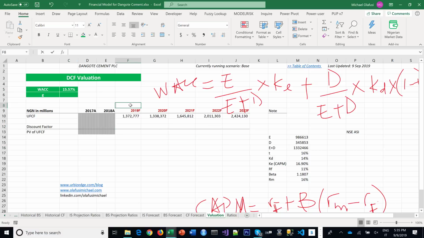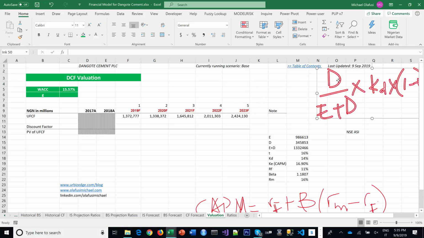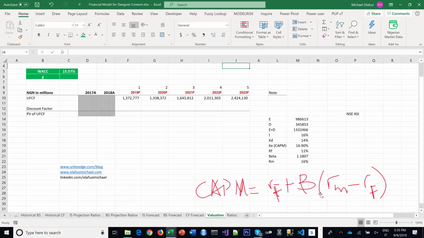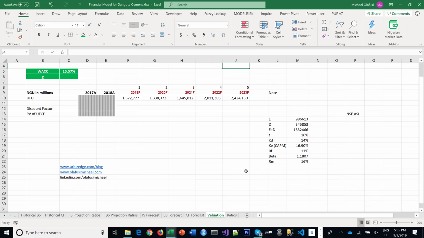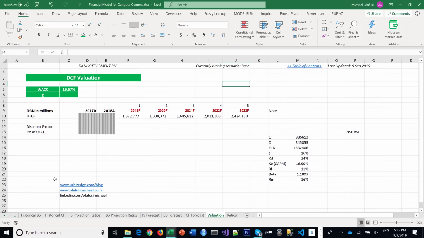To make life easy, I can number these ones here, and since I don't need all of these anymore, I can take them out. Also take this out. I'm going to also take this out. Okay.